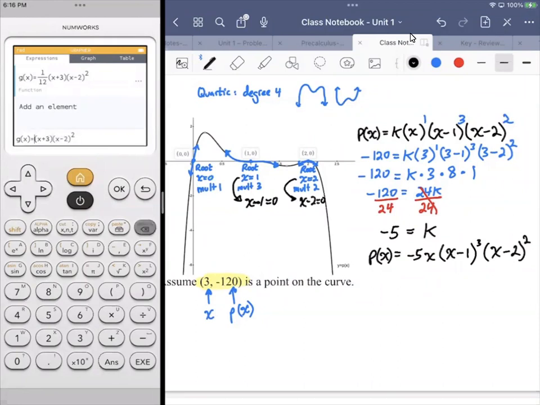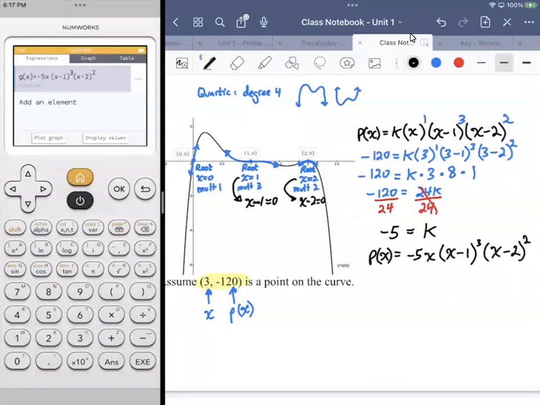All right, so we have a negative 5x, get an x in over there. Then (x minus 1) cubed. And then (x minus 2) squared. Coincidentally, that just happens to already be in there. All right, so lock that in. Make sure it looks the way you want it to.